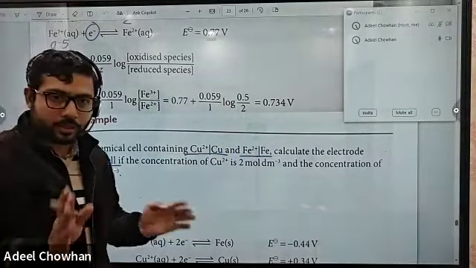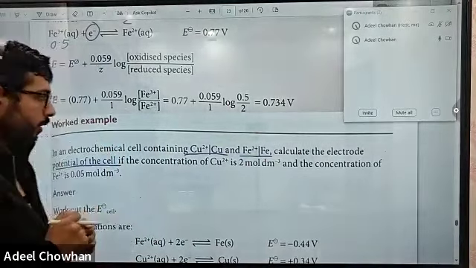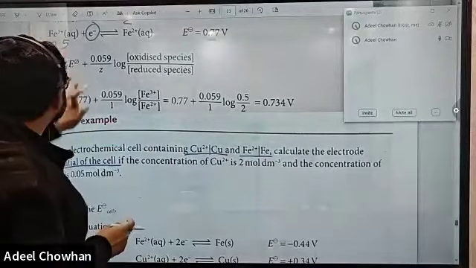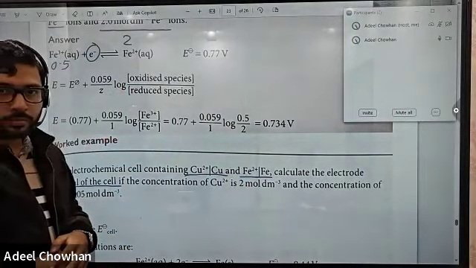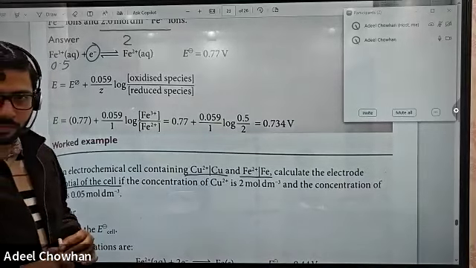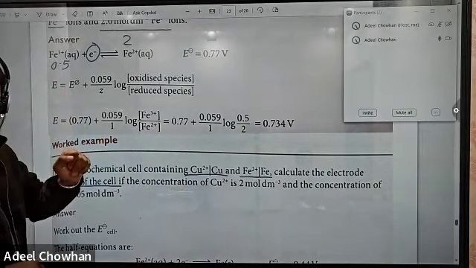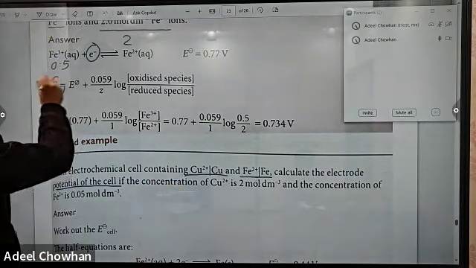So this time the cell is made up of two half cells, the iron and the copper. So how would you find that value? Can you directly use this formula? If you want to find the electrode potential of the reaction, it means you need to find the value of this E, right?